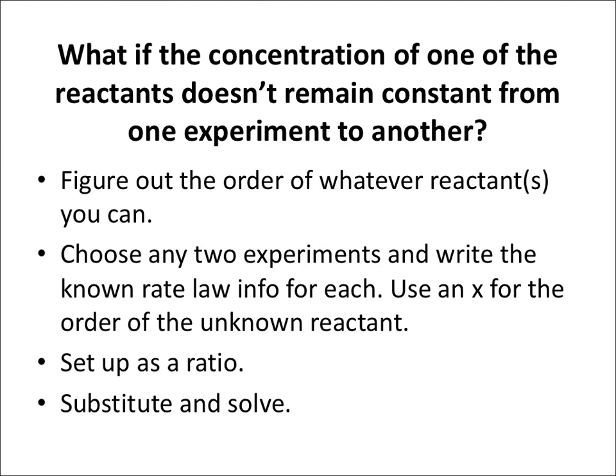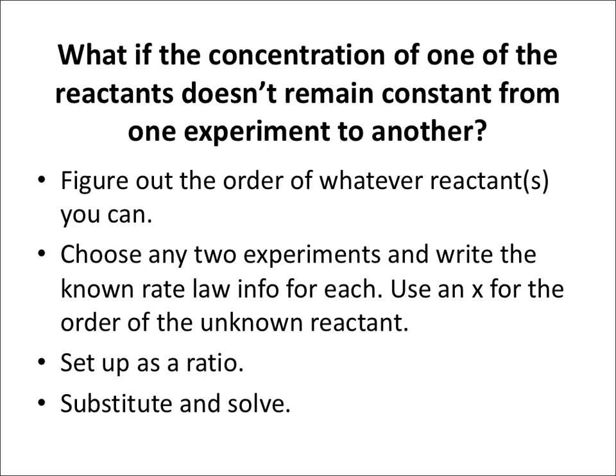I'm going to work through one more example with you, and it can be done without the information that's on this slide, but I'll show you what I mean in class. So the idea here is if I have a set of experimental data and the concentration of one of my reactants doesn't remain constant, so I can't use it as a control for something, how do you go about determining the rate law or the order of the reaction with respect to that particular reactant?